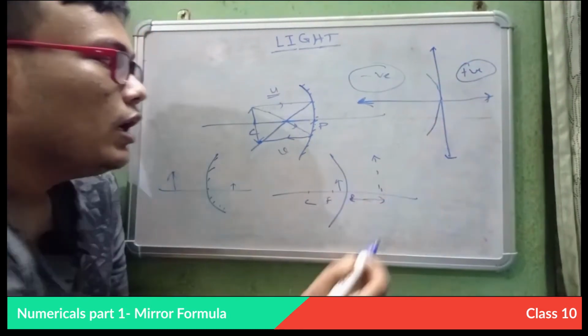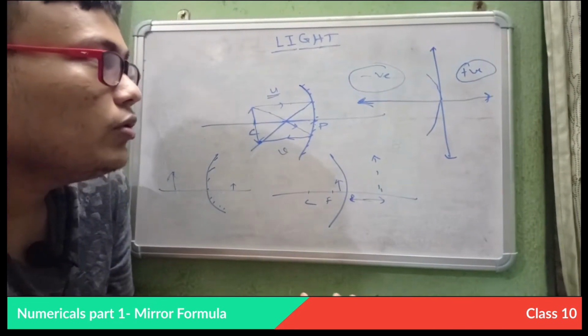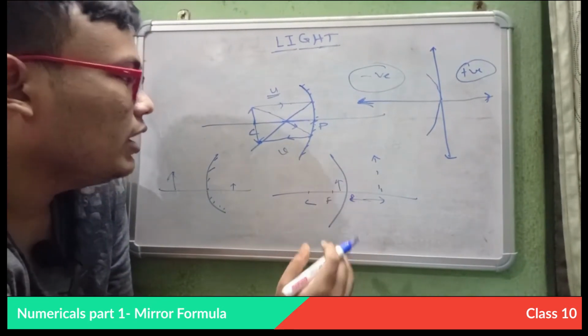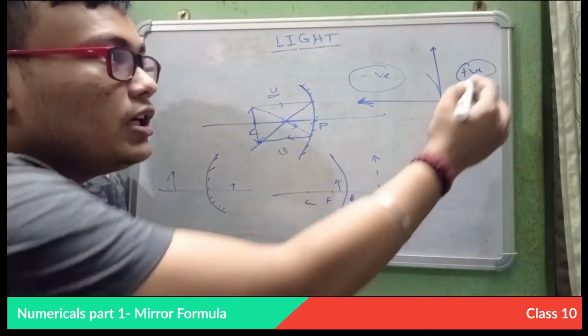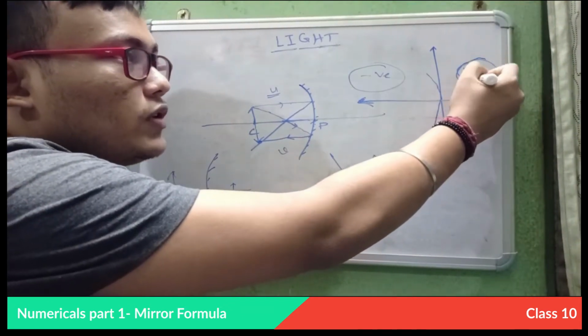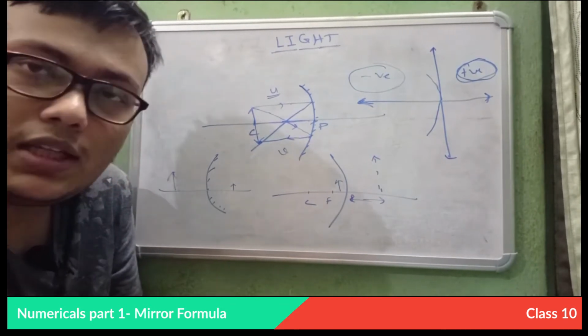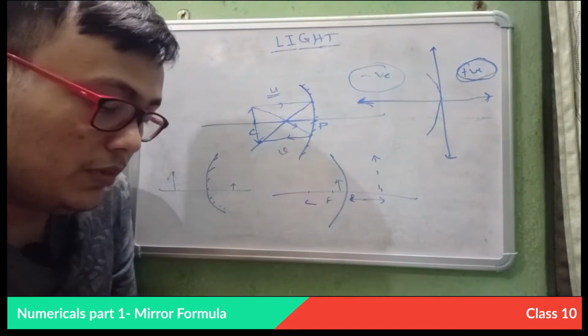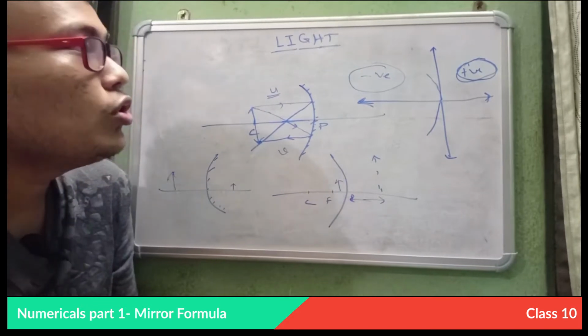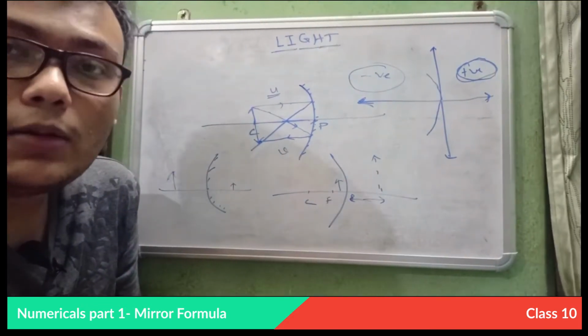So when we calculate the image distance behind the mirror, it will be considered as positive. So we have to take those image distances where the image is formed behind the mirror. The distance of those images, I mean the image distance, should always be calculated as a positive quantity.